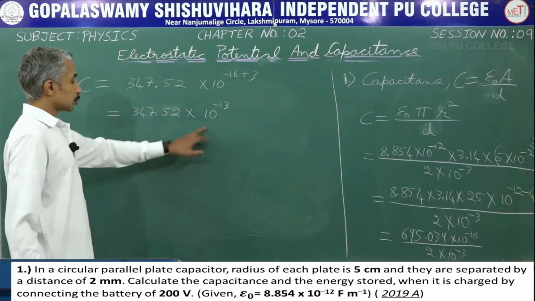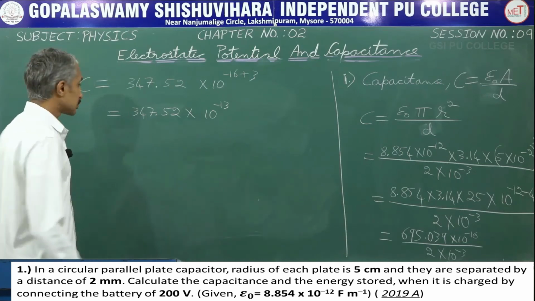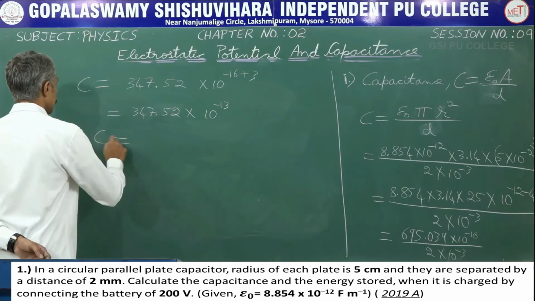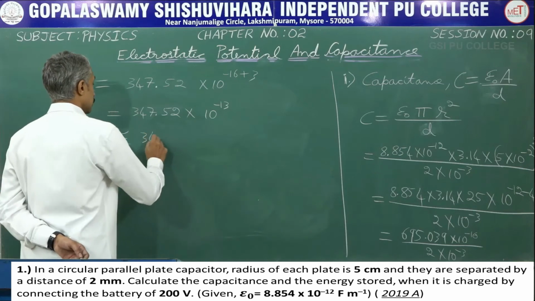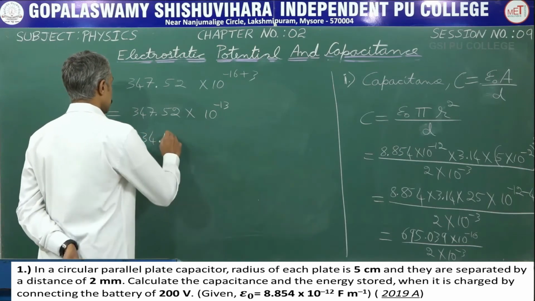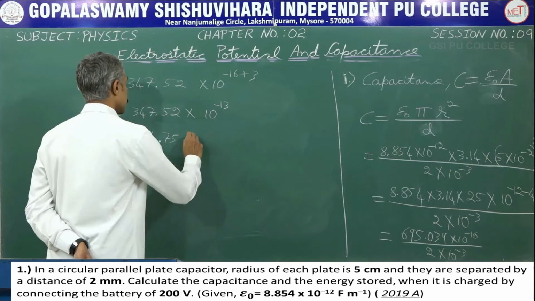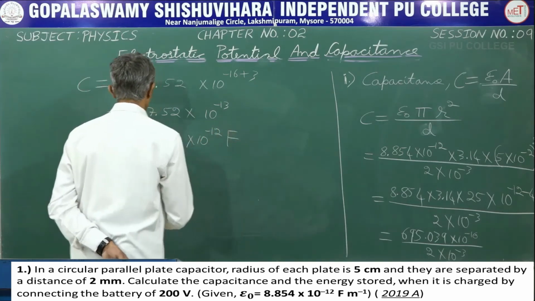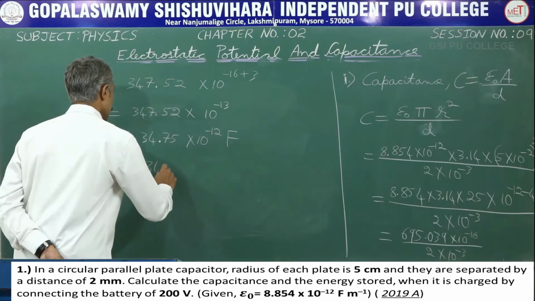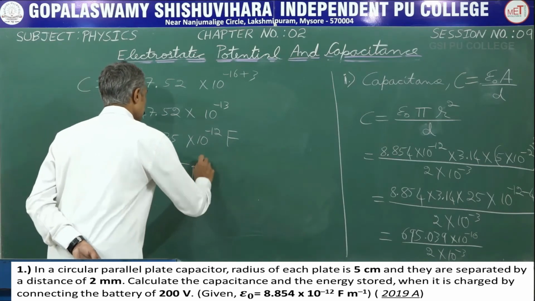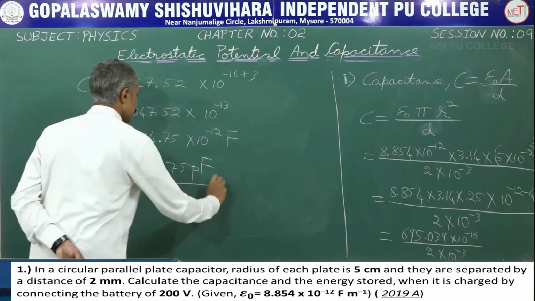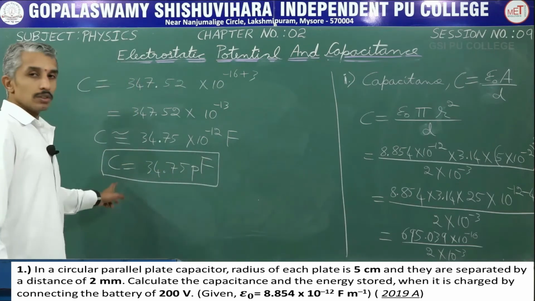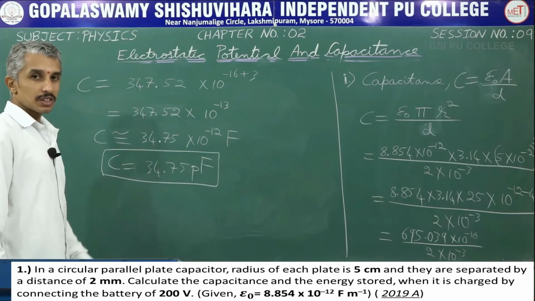If I convert it into picofarads, which is 10 to power minus 12, then I will get this as 34.75 into 10 to the power of minus 12 farad, 34.75 picofarad. We have found the capacitance of the capacitor.